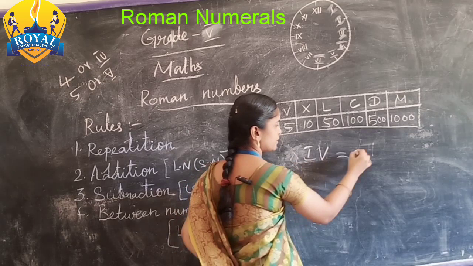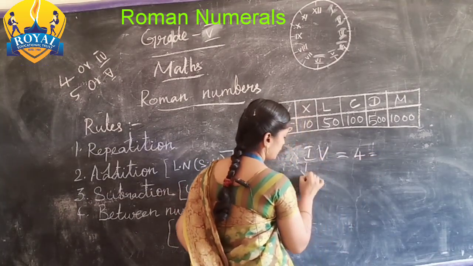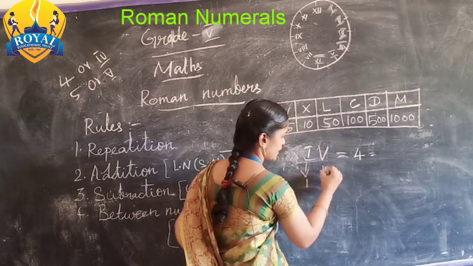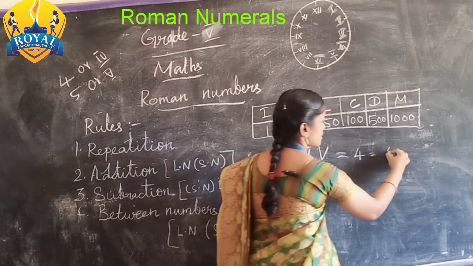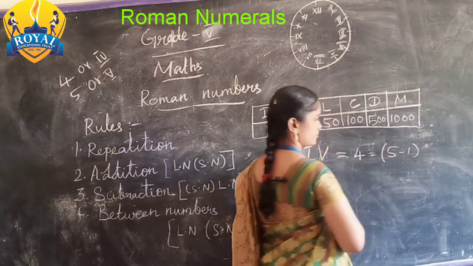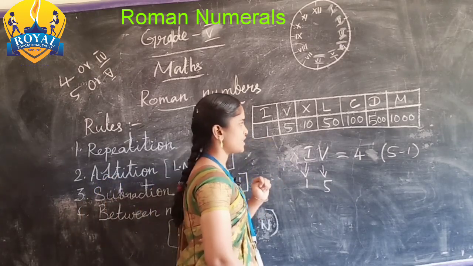We know that this is the number 4, because I is on the left of V, so subtracted from the larger number, that is 5 minus 1. Another example, XC.